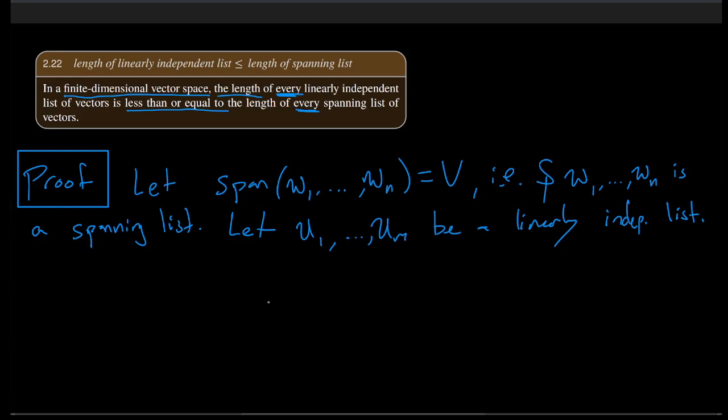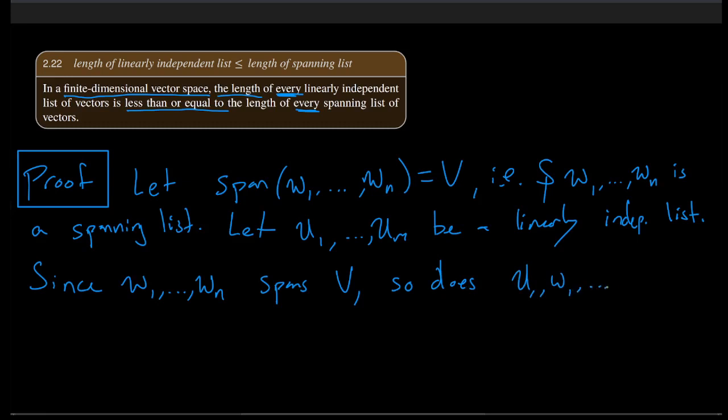All right, so here's kind of the idea of it. What we want to do is use the linear dependence lemma to do a fancy trick. So, since W1 all the way up to Wn spans V, so does U1, W1 all the way up to Wn.